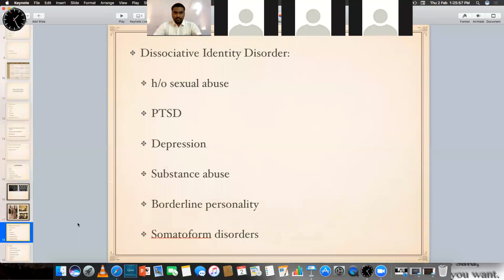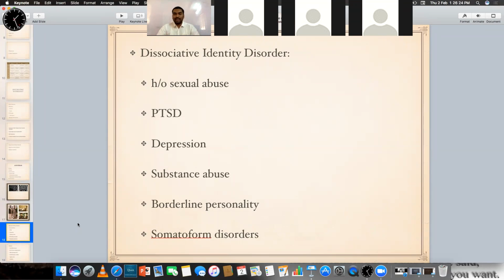Okay. Now, like we were talking about this multiple personality disorder, dissociative identity disorder. Now what are the risk factors for people to develop this dissociative identity disorder? People who have been sexually abused as a child, or who have post-traumatic stress disorder, or who have depression, and who have substance abuse.